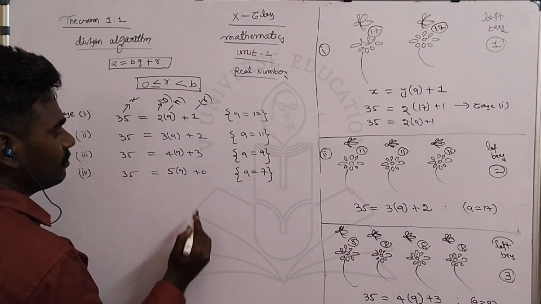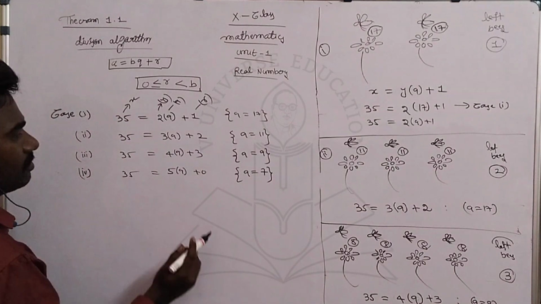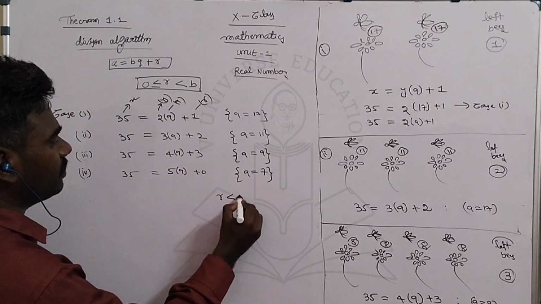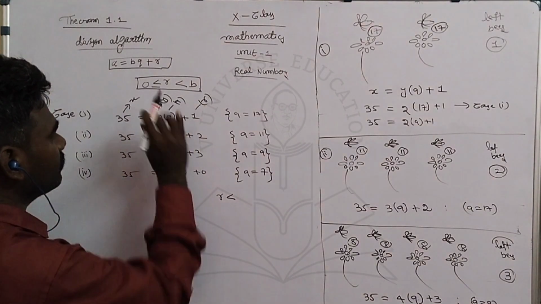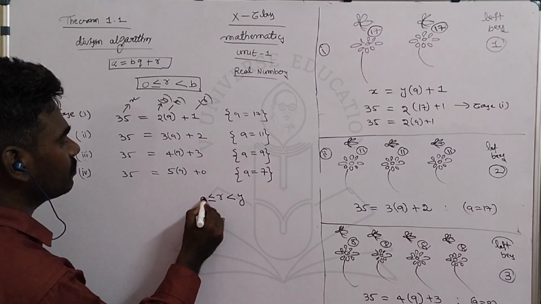So from each and every case we can observe that R is less than Y and greater than or equal to 0.